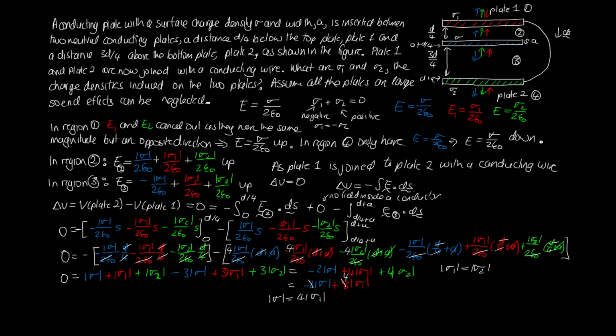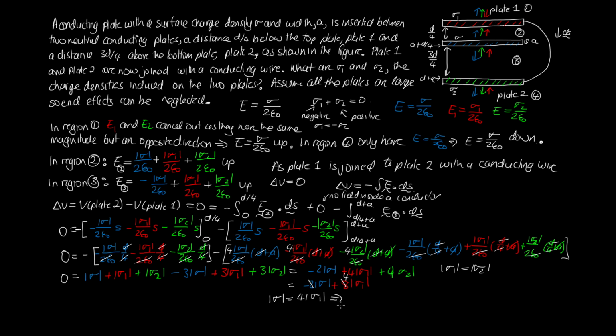And we've already discussed how the signs compare. We've said that sigma 1, because it's closer to the plate here with the charge on it, is going to have a negative charge induced on it if this charge is positive. So it'll have a charge induced on it with the sign opposite to the inserted charge.